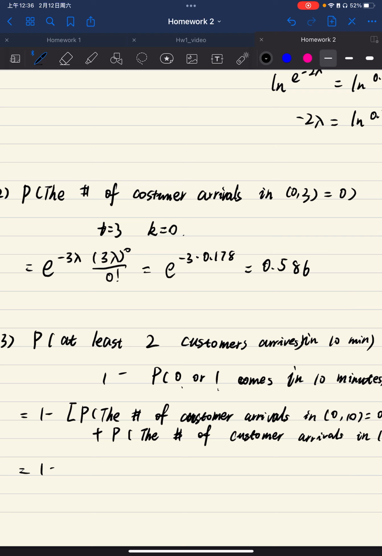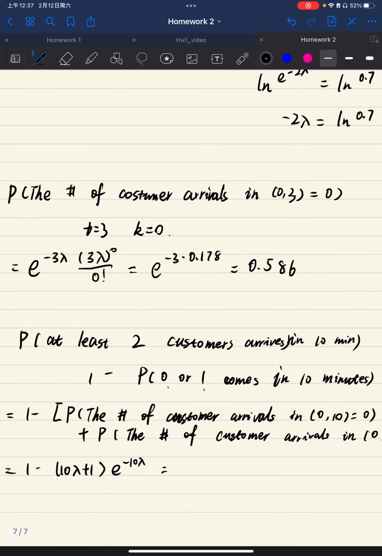I don't need to write out the formula, but substituting all the values, with lambda equal to 0.178, the result is 0.531.